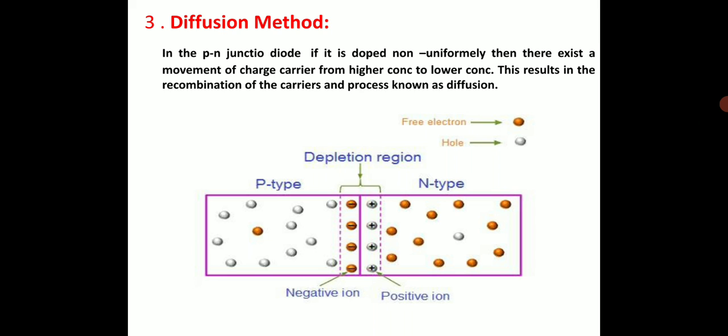These are the mobile ions, and that region is a depletion region. This is simply the diffusion method, the movement of charge carriers from higher concentration to lower concentration.